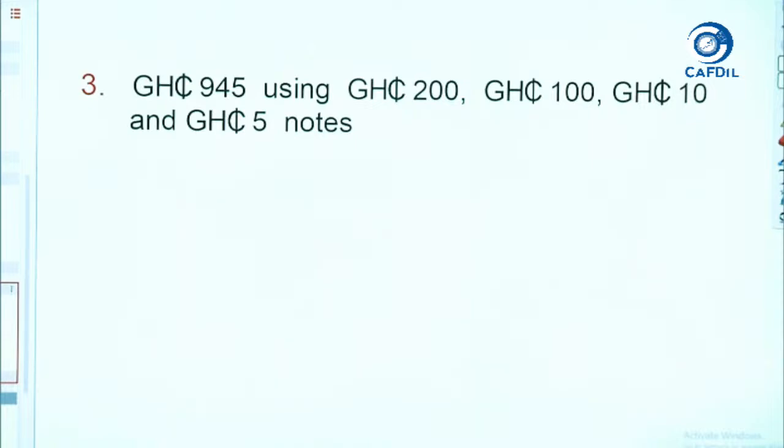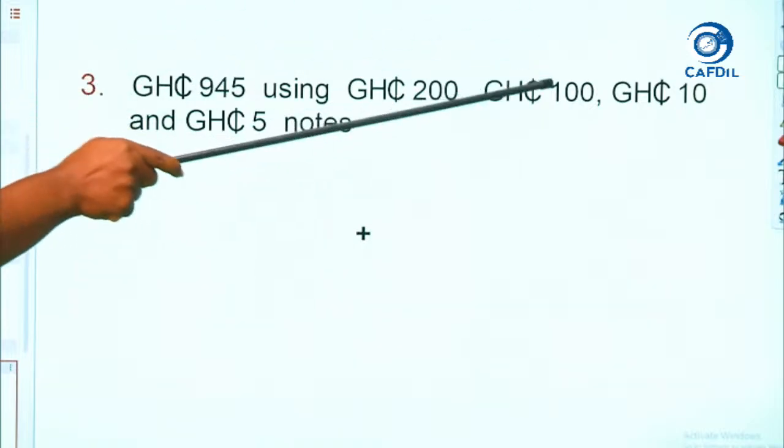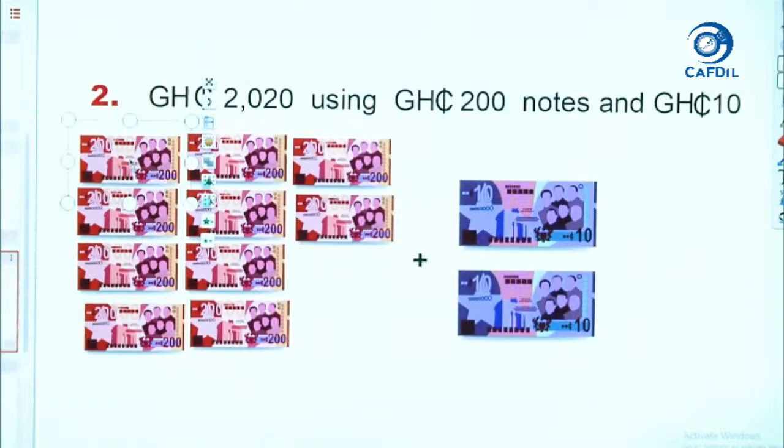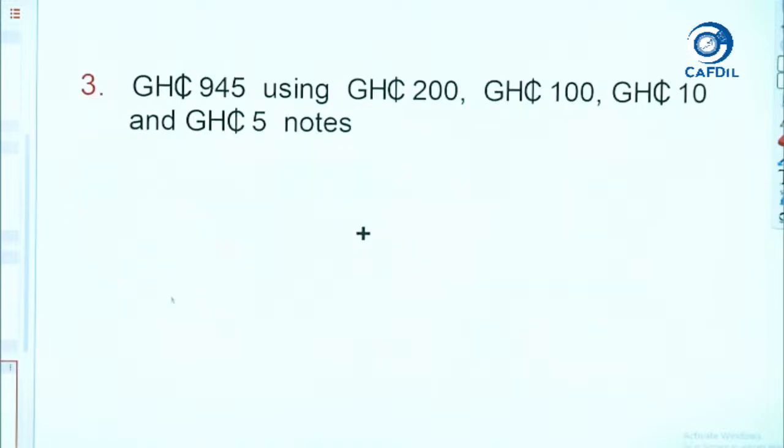All right, learners, your time is up. I hope you were able to do it. 945 Ghana cedis. We are using the 200 cedis notes, 100 cedis, and then 10 cedis notes. So I'm going to pick my 200 cedis notes.